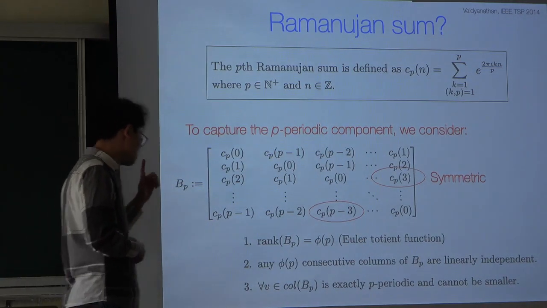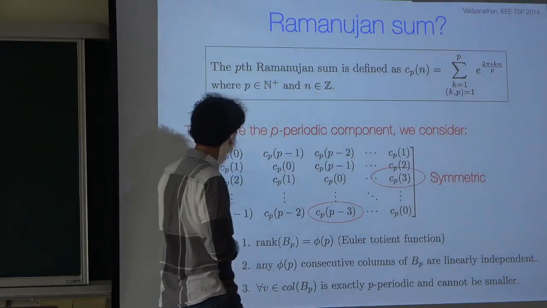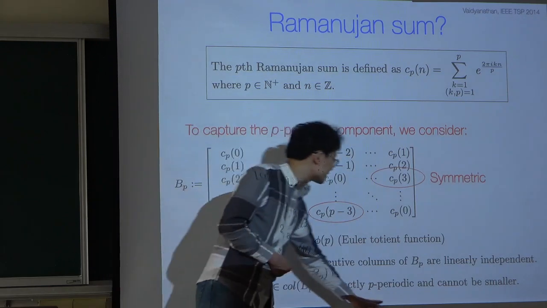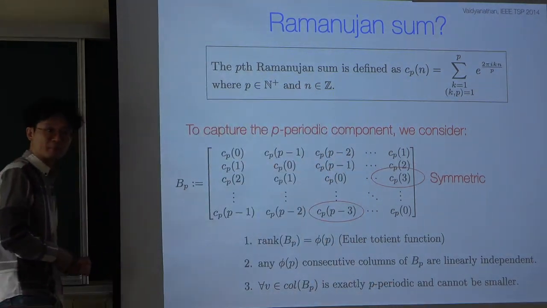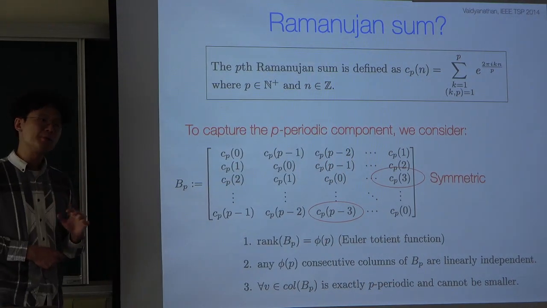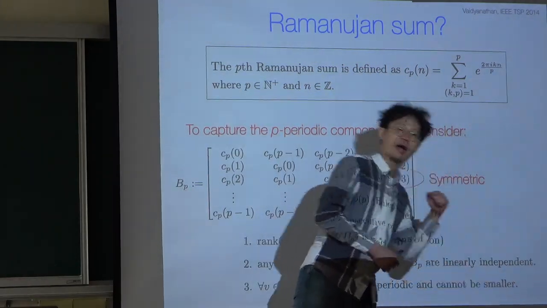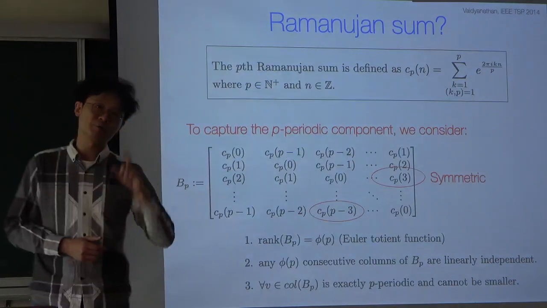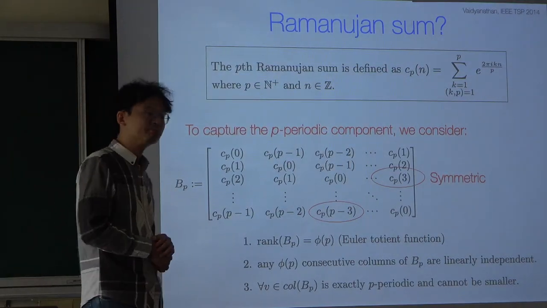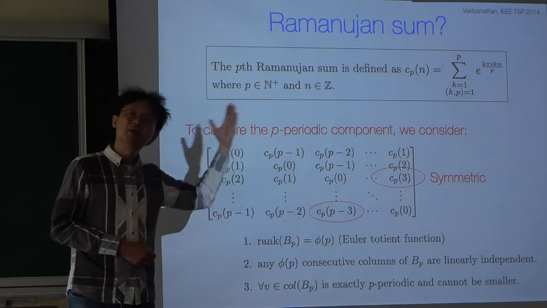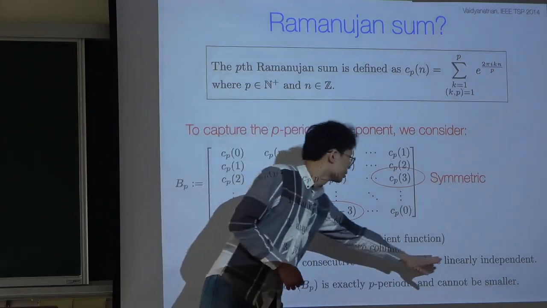And for every v in the column space of this B_p matrix, it's exactly p-periodic, and the period cannot be smaller. So the period is always p. So that is a way you can get something linearly independent.